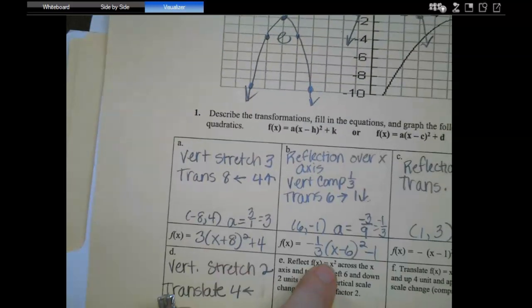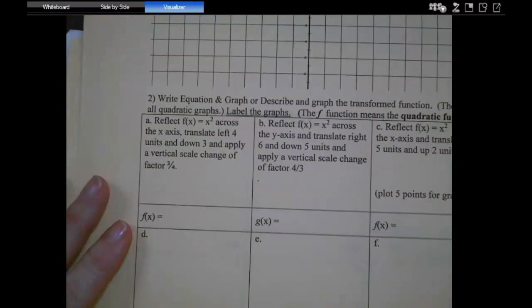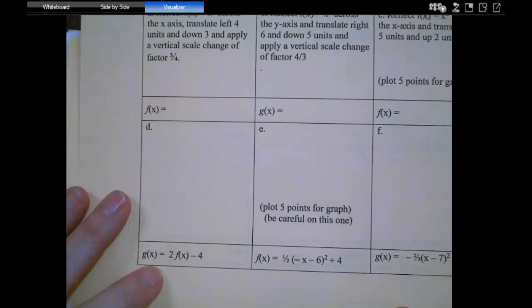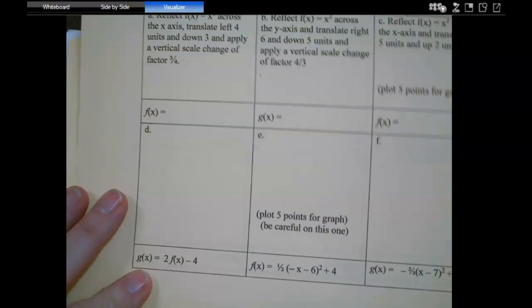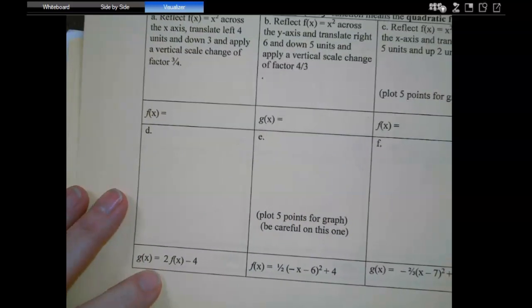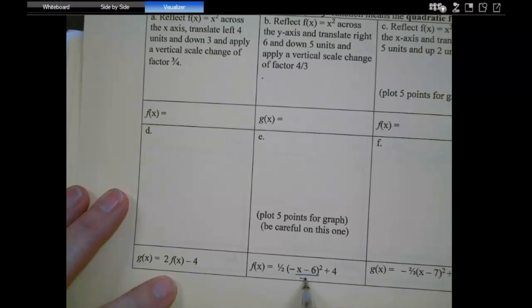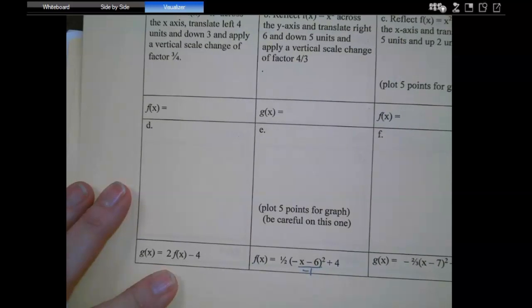Does everybody see that? Sometimes, when they write E at the bottom, what's in front of the x? Negative. Y'all, you have to divide that out. I'm going to divide out my -1 here, and you have to rewrite it. And after I write this, you tell me why this is important.